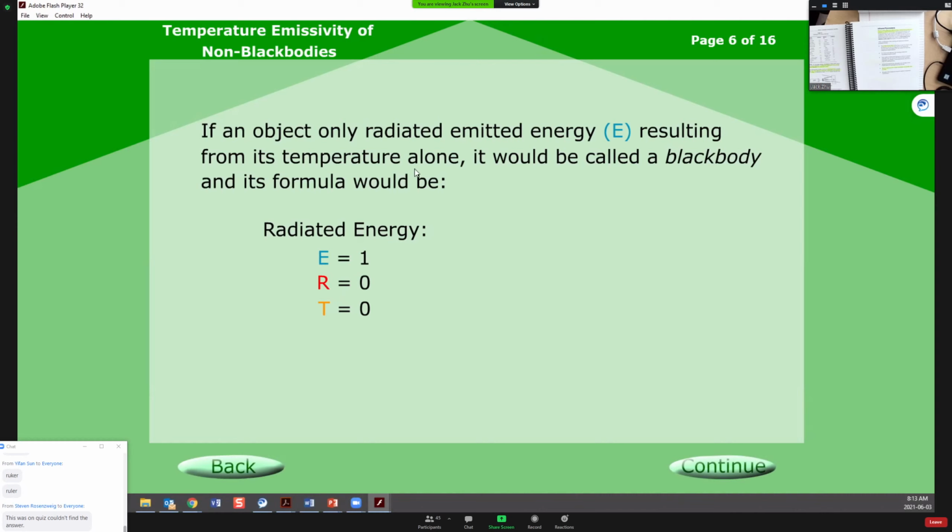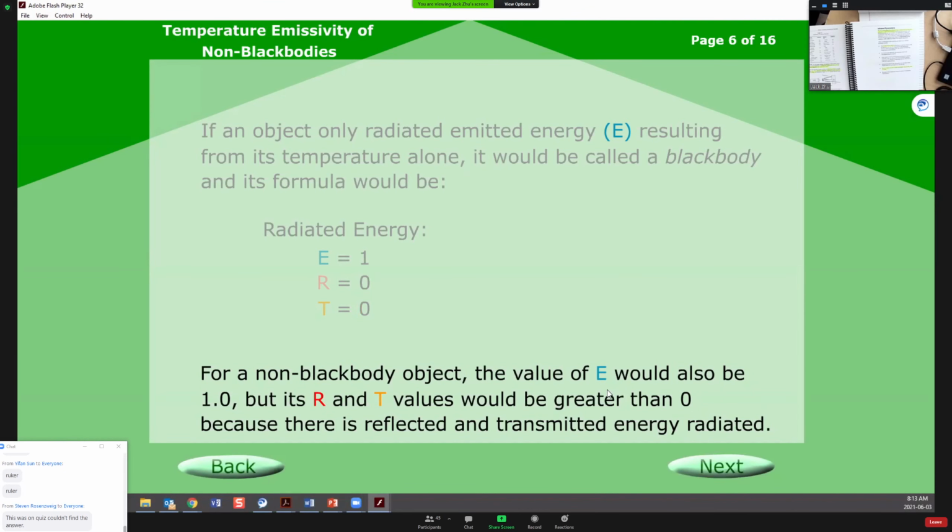That's why if you measure a black body, you are measuring emitted energy. But a non-black body usually has either transmitted energy or reflected energy.